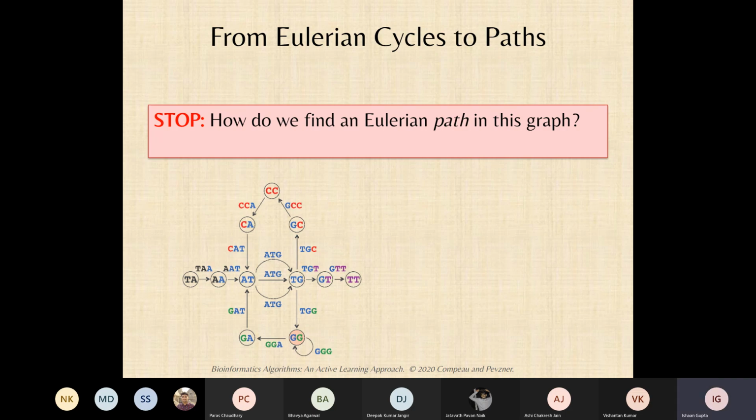So how do we find an Eulerian path in this graph? Does this satisfy the condition? We know that the Eulerian path does exist here, and it satisfies one condition, that it's a strongly connected graph, right? Because you can reach every node from every other node. But does it satisfy the first condition?